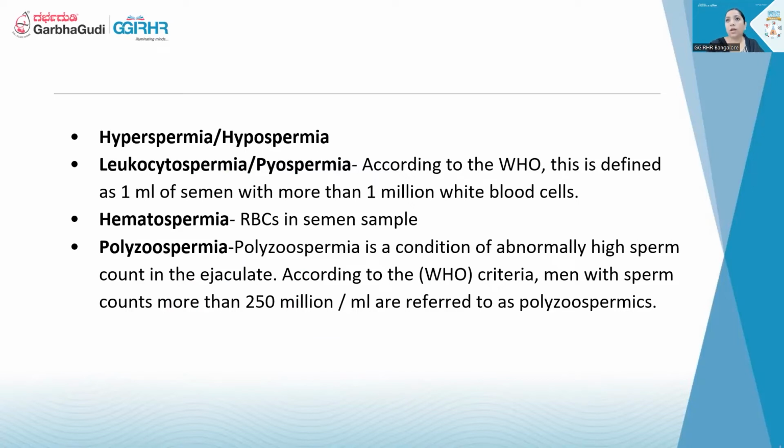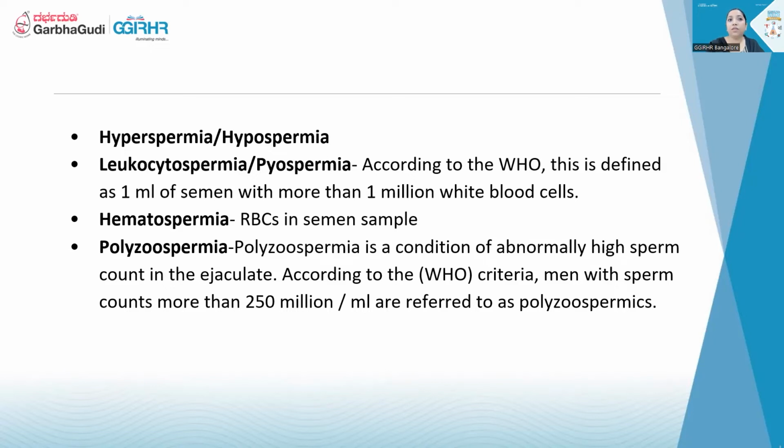So when you are assessing the sample along with the count, motility, morphology, other elements like WBCs or RBCs or any other debris should be noted down. And if the count of WBCs is more, then we term it as leukocytospermia.